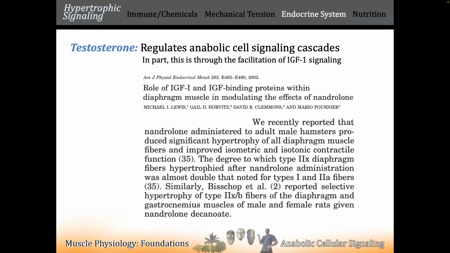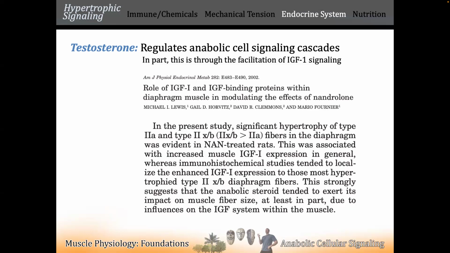But they found that the androgen administration selectively caused hypertrophy in the higher threshold muscle fibers. So the type 1 and 2A fibers weren't as responsive, weren't as sensitive to the androgens as the 2X and 2B fibers. This is hamsters, right? So they have 2B. We don't have 2B fibers.